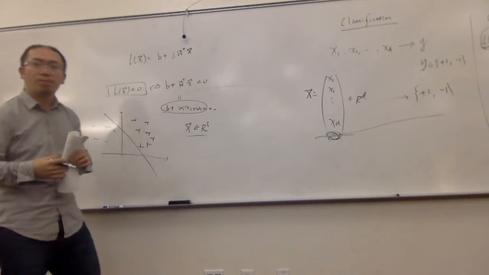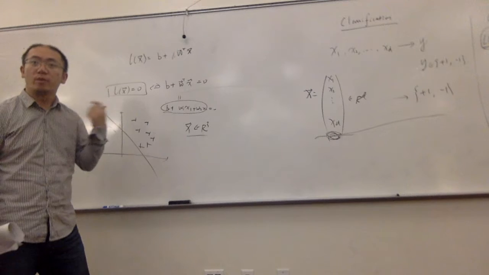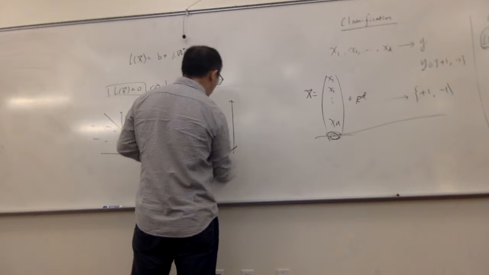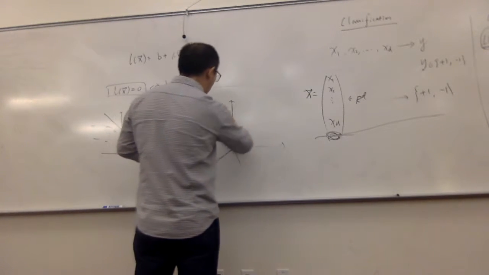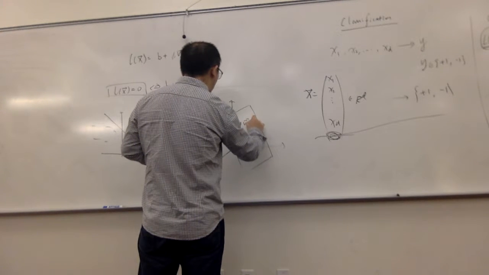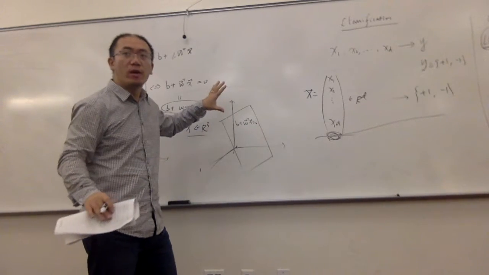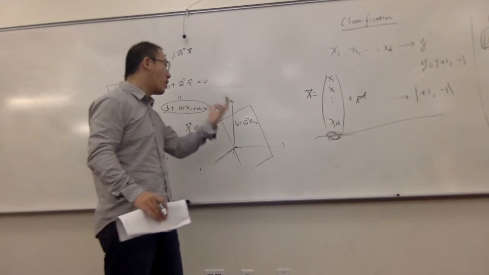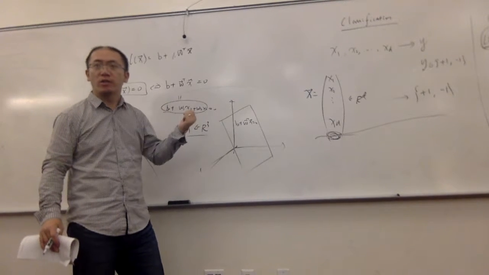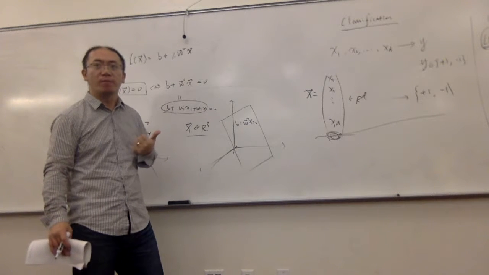From our stereometry knowledge, this equation b plus w transpose x equals 0 determines a plane. And of course, this plane also partitions the whole three-dimensional space into two parts. In one part, all the points are classified as positive examples because their classification function is positive. And in the remaining part, all the points are classified as negative examples.